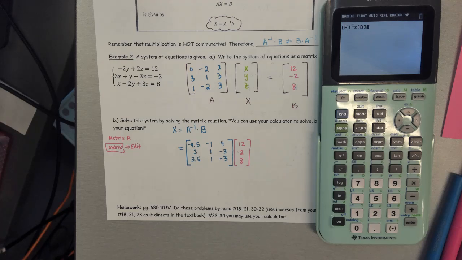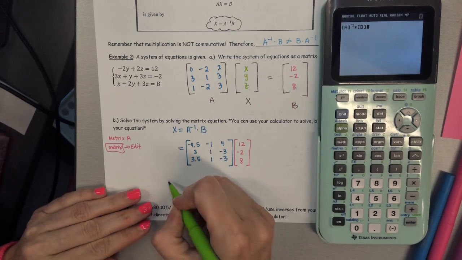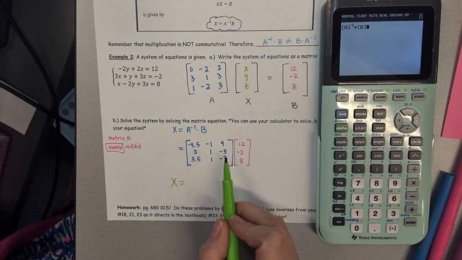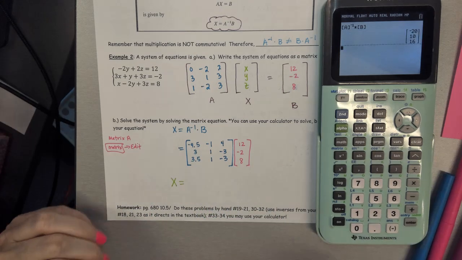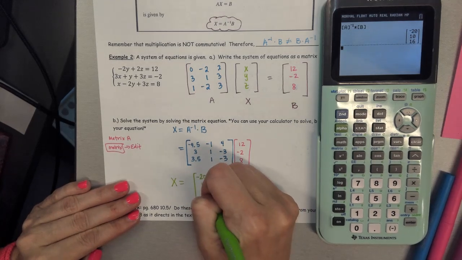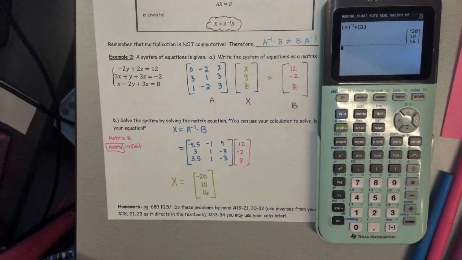Okay, and so when you are multiplying them together, you are going to get your value for x. And again, this is a 3 by 3 and a 3 by 1, so your answer should be a 3 by 1, negative 20, 10, 16.